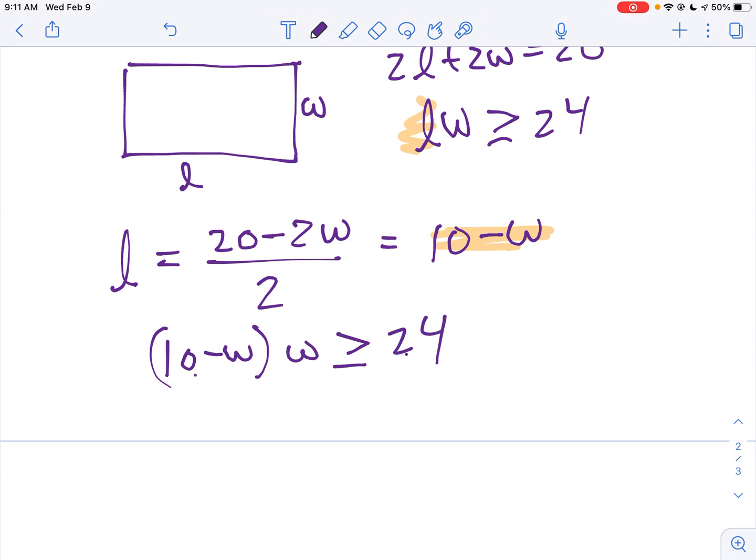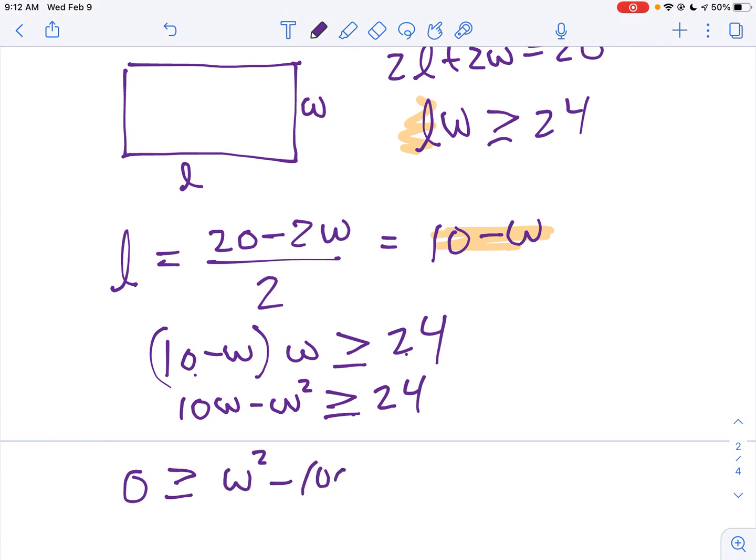So I'm going to get 10w minus w squared is greater than or equal to 24. And then I'm going to make it equal to 0. So I'm going to move everything to the right side. So I have 0 is greater than or equal to w squared minus 10w plus 24.